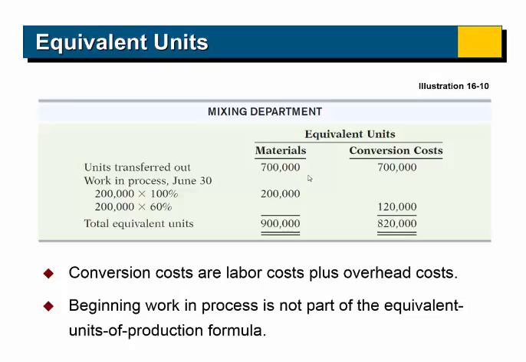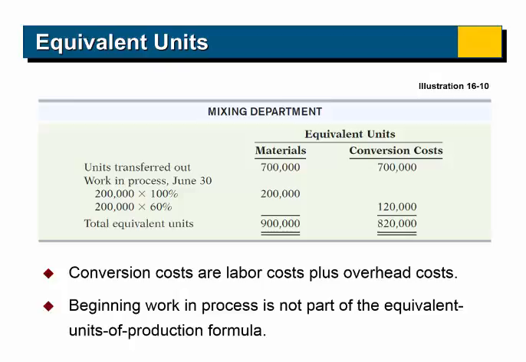All 700,000 of those units that were completed and transferred out did in fact receive 100% of their materials. 100% times 700,000 units means 700,000 equivalent units as to materials. And then for the work in process units, the 200,000 units that are still here in WIP for the mixing department, they too, based on our assumption, received all 100% of their materials.